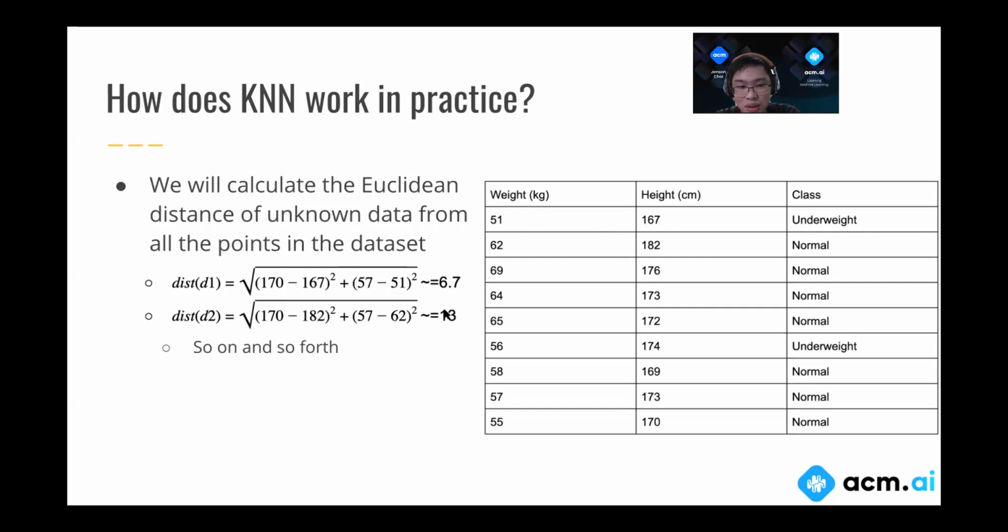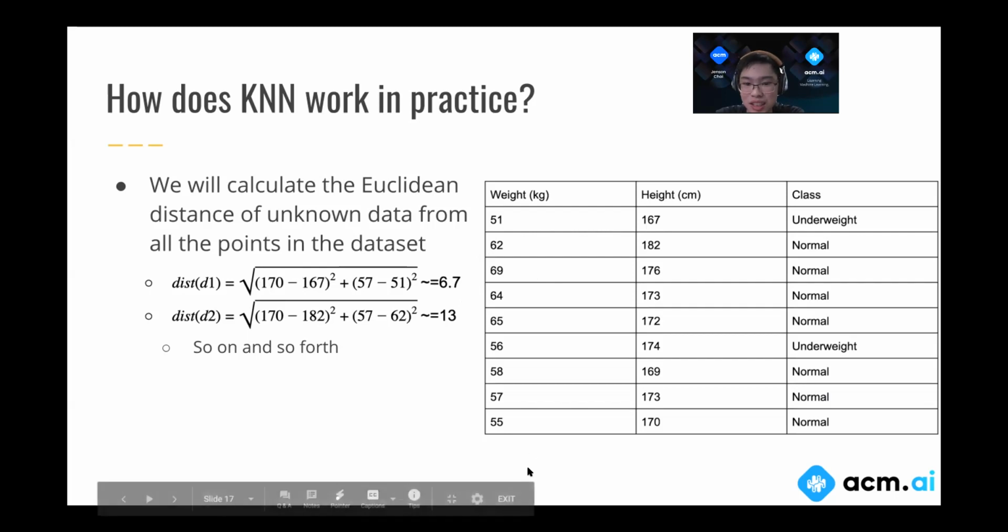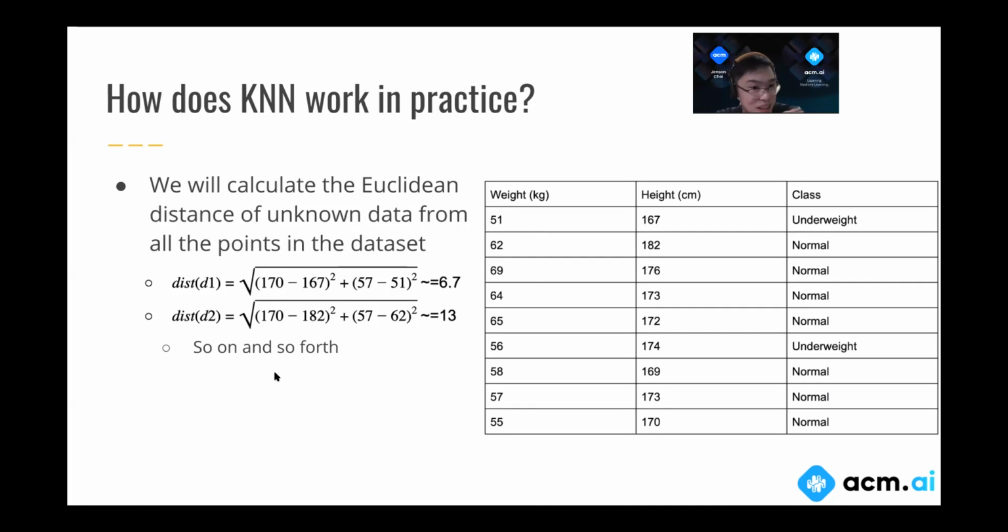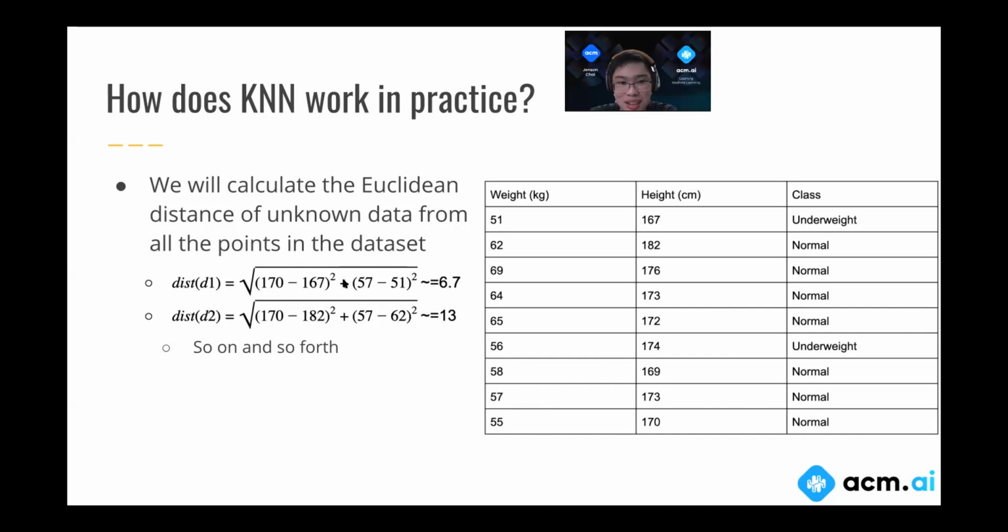And then we get about 13. And then we basically do it for all the data points, which is why this will take a while if you have a data set with like 1 billion data points. And then we also have to sort our data set based on its distance in order to find the data points that are closest.